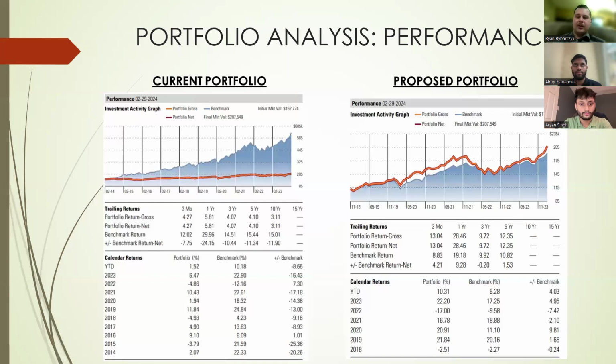And last year it delivered 28.46% over the benchmark of 19.18%. This year so far, it's been outperforming the benchmark by 4.21%. There's been some years, 2019, 2020, and 2023 to be specific, where the portfolio outperformed its respective benchmark.